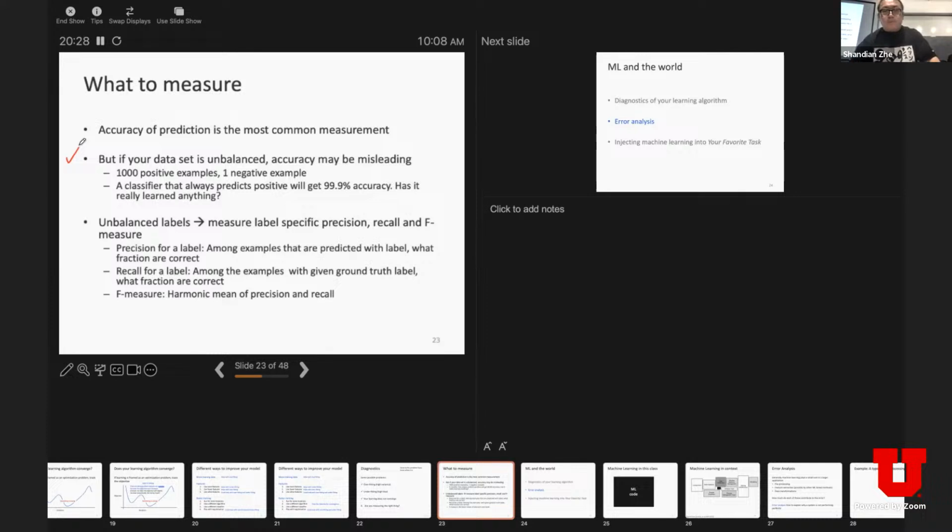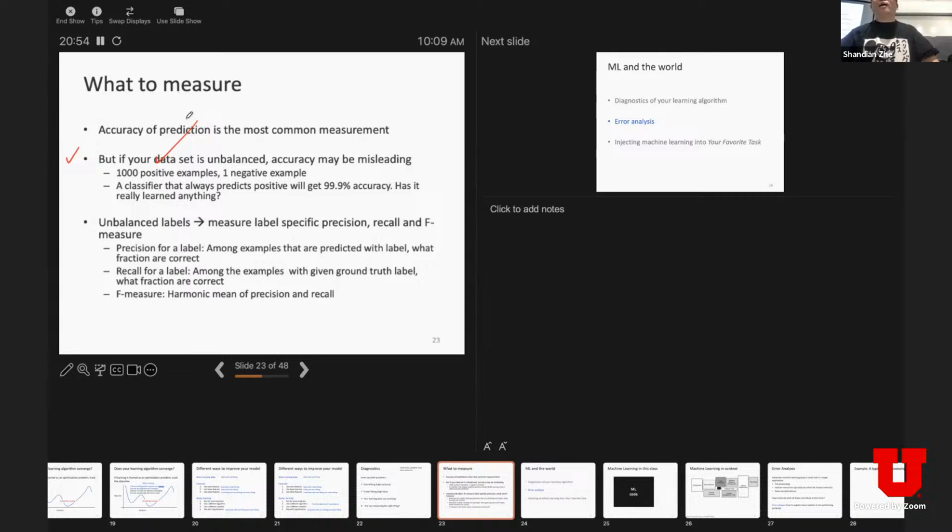And actually unbalanced label data sets are very, very common in practice. Like for example, in online advertising. So imagine you show advertisements to millions of users every day. How many advertisements will be clicked? Maybe less than 1%, less than 0.1%.